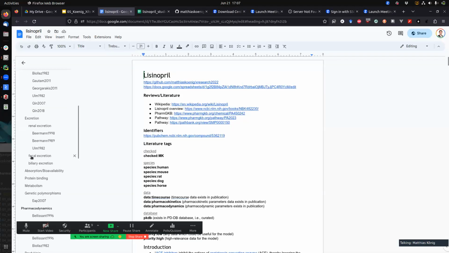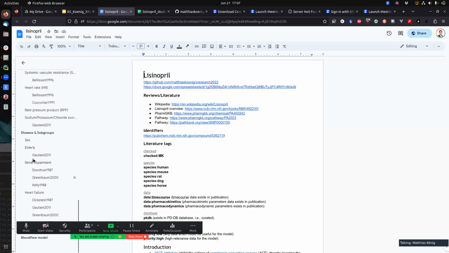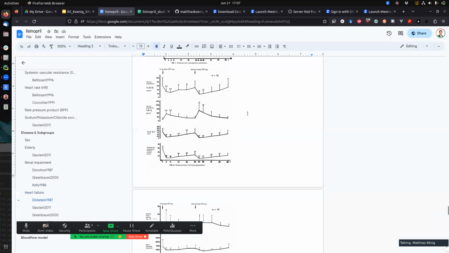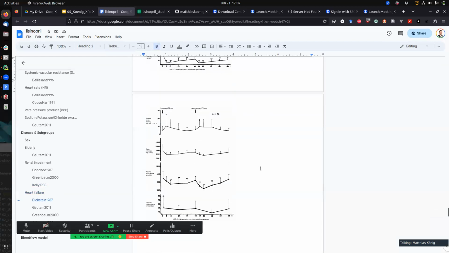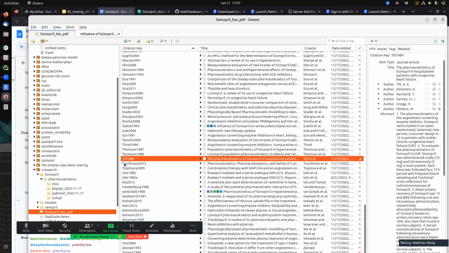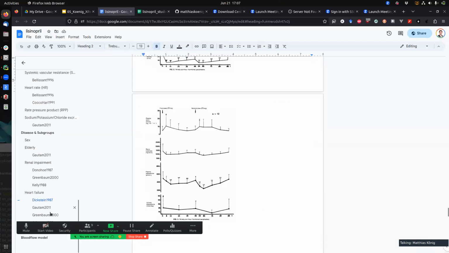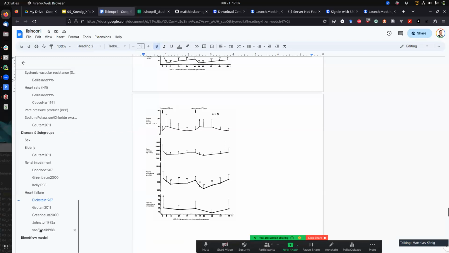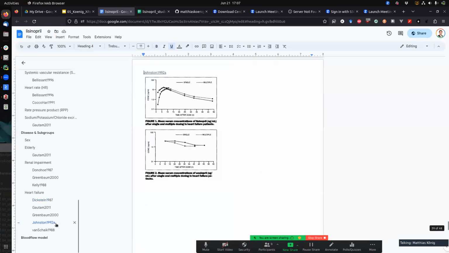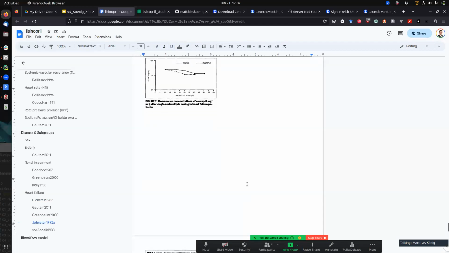And then I'm putting this in this document. In this case, I would add it under heart failure here. We already have some data in this document. And I would put it under the study ID, in this case 1989, and then we would add the information here alphabetically. So somewhere here, after.